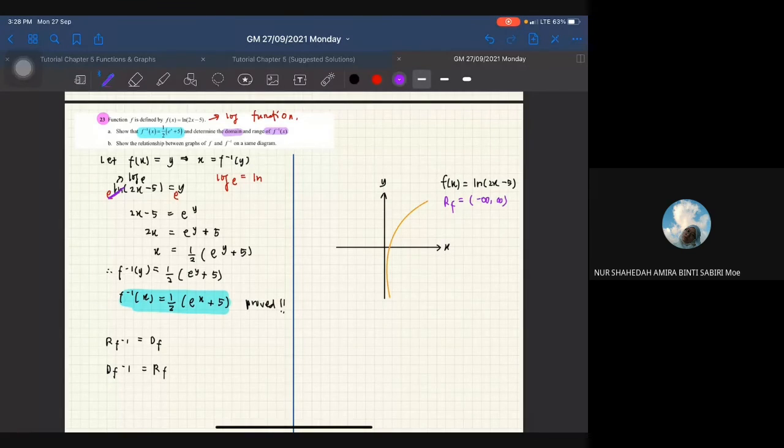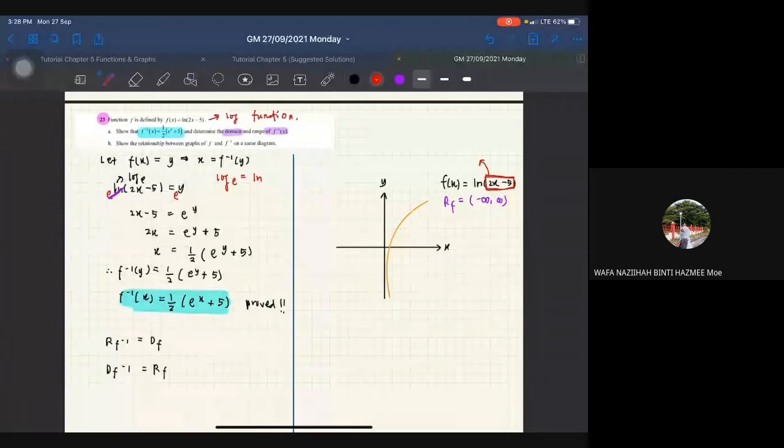This one. Okay, good. Okay, so what about kita punya domain? So macam mana kita nak tentukan domain? So cara nak tentukan domain is kita ambil yang dalam ni. Okay, so kalau ln, boleh tak dia equal to 0? No. Kalau dalam ln, tak boleh. What about negative? Tak boleh juga kan? Yes, betul. So maksudnya dalam ln tu dia tak boleh 0, dia tak boleh negatif.